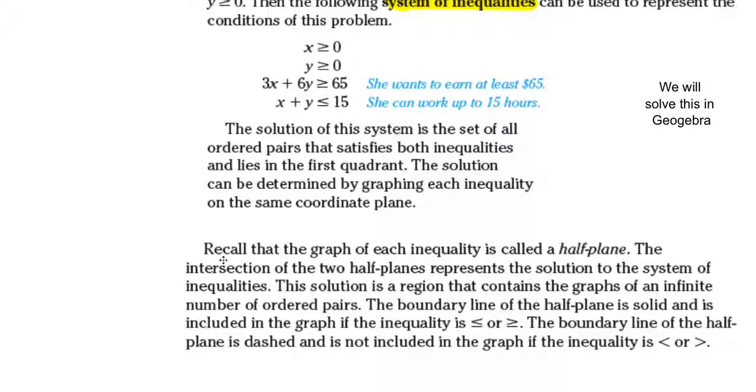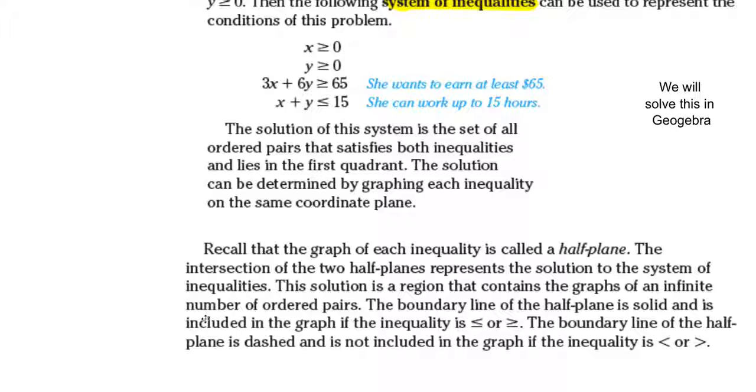The graph of each inequality is called a half plane. The intersection of the two half planes represents the solution to the system of inequalities. So if you graph both inequalities, the solution would be the intersection of the two half planes.